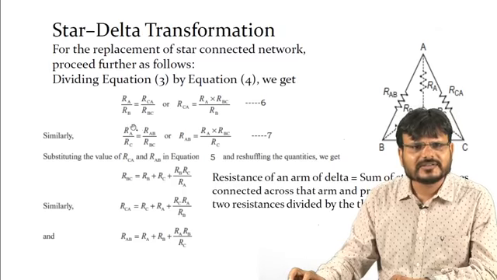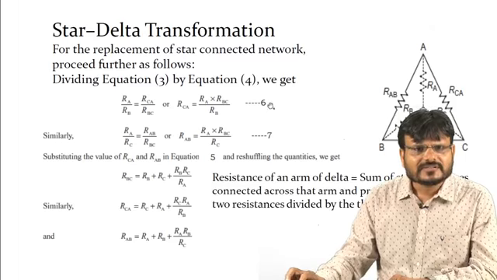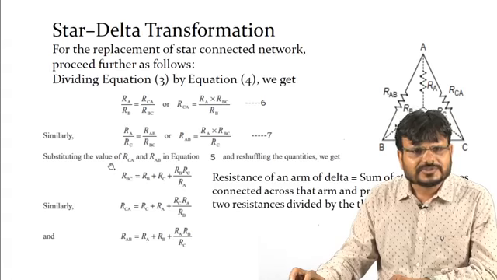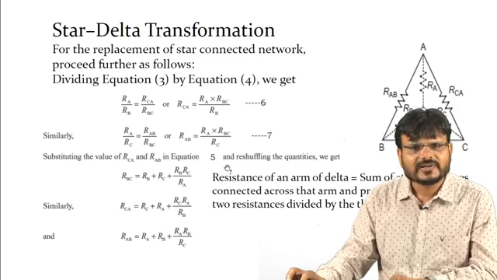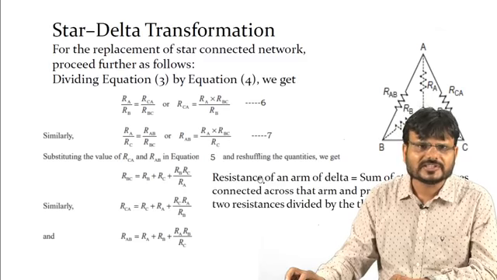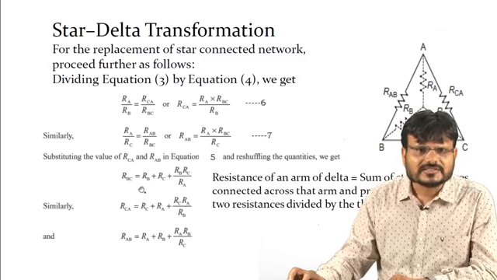Similarly, you can write the equation for RA upon RC, and after substituting the values of RCA and RAB in equation 5 and reshuffling the equation, you can easily calculate the resistances RAB, RBC and RCA.